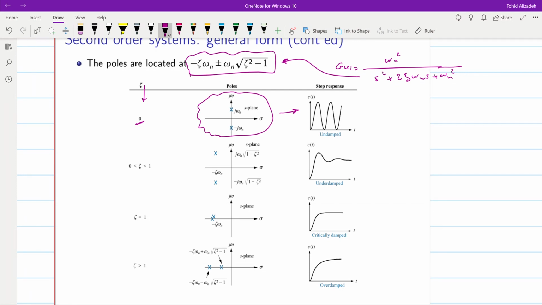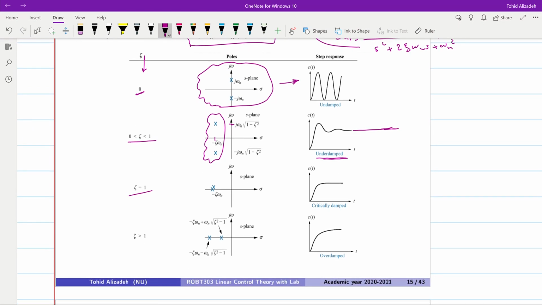Then for zeta between 0 and 1, we have the underdamped case. Two complex poles are given in the s-plane. You can see the values for the real part and the imaginary part of the poles, and the response that we get for the system has some oscillations right at the beginning, and after a while those oscillations decay, and as a result we will have the final value at some point.